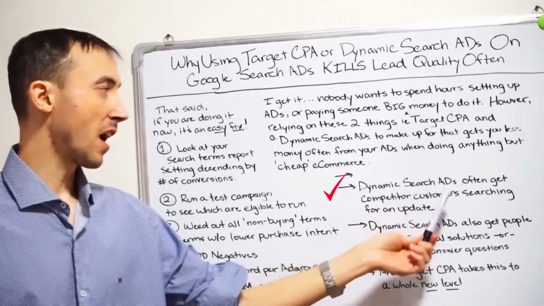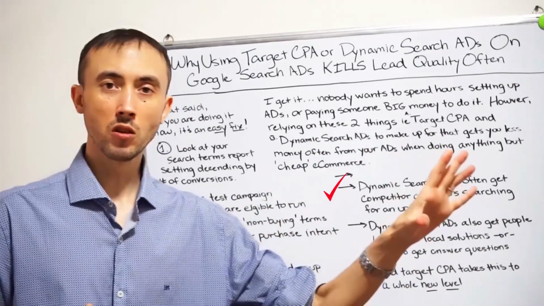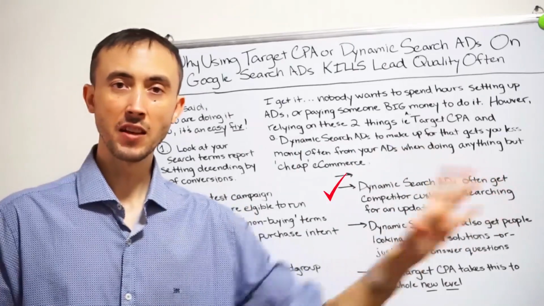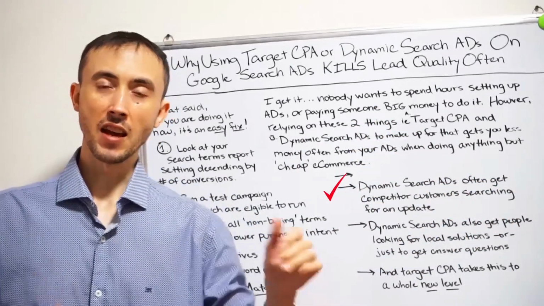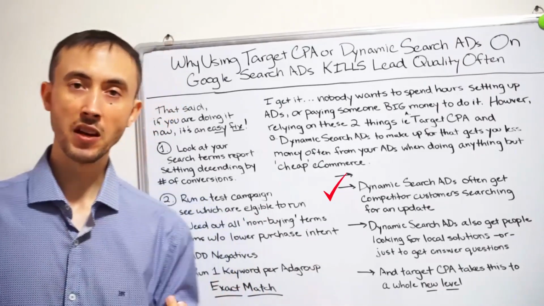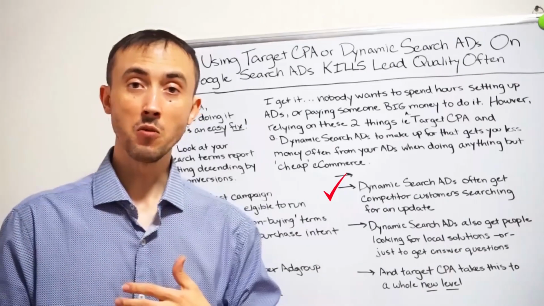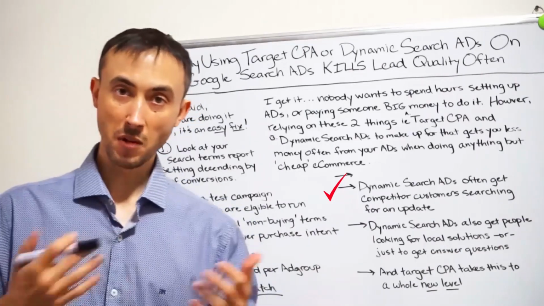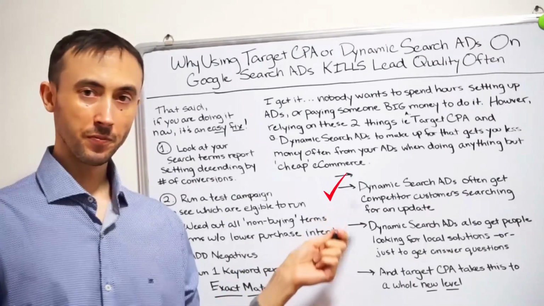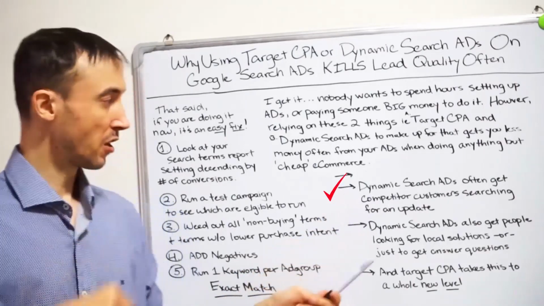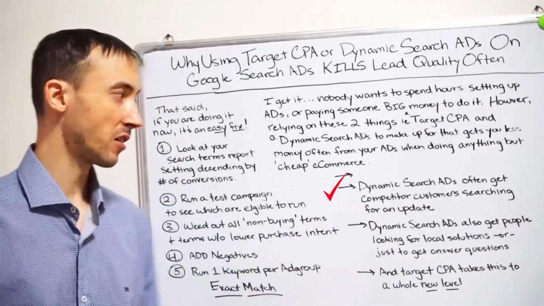So the dynamic search ads, which again, if you don't know those, it's where Google scans your website and tries to come up with its own ad, pointing it to the page on your site that has products listed there or a service page listed there. And it tries to find the right keyword to advertise on. So it's pretty much as close to fully automated as possible. So you tell it that you want to generate leads. Do what you can to generate as many leads as possible.